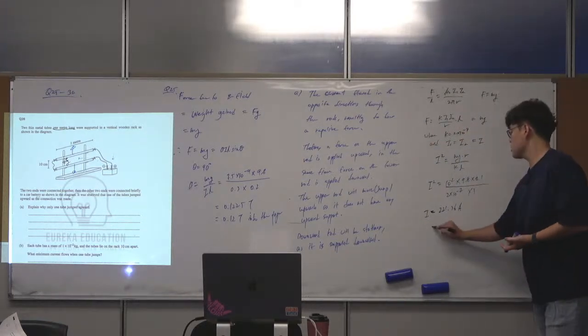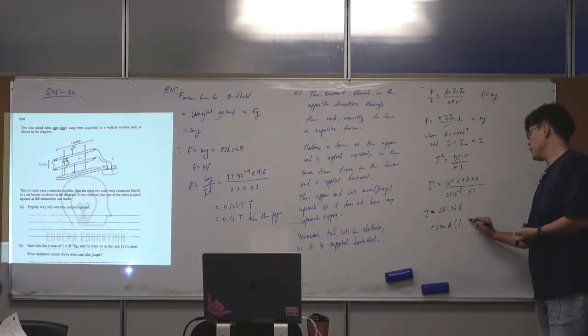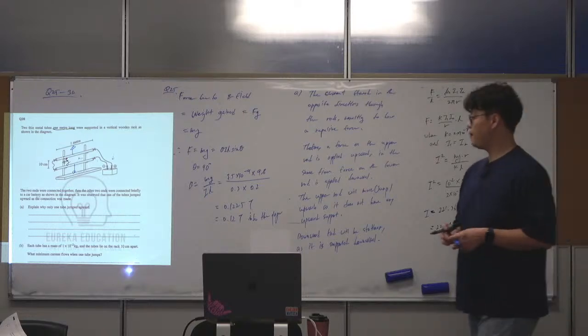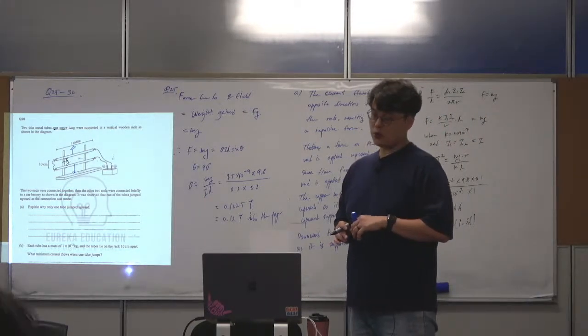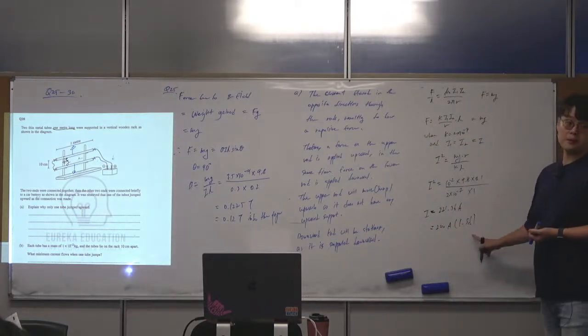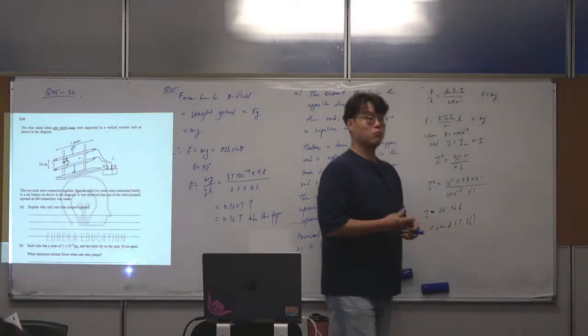This is the same as 200 amps in 1 sig fig. So to achieve the jumping, the current must be greater than 200 amps in this case. This is the final answer. Easy.